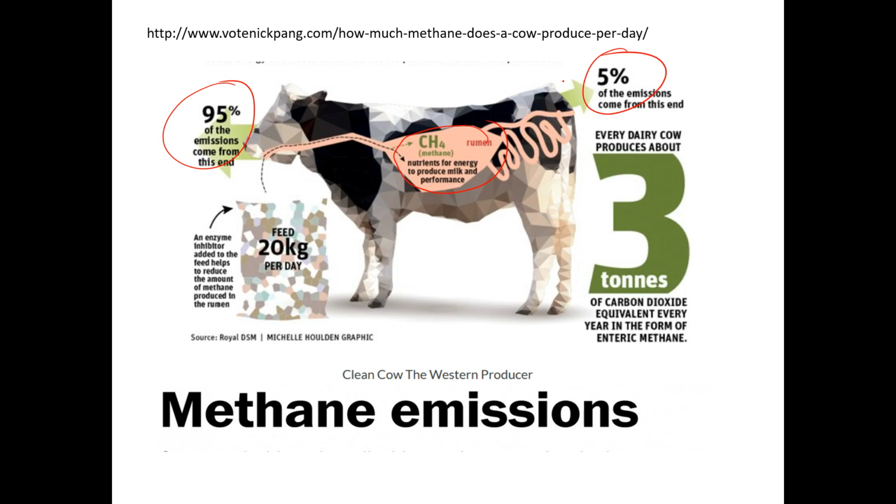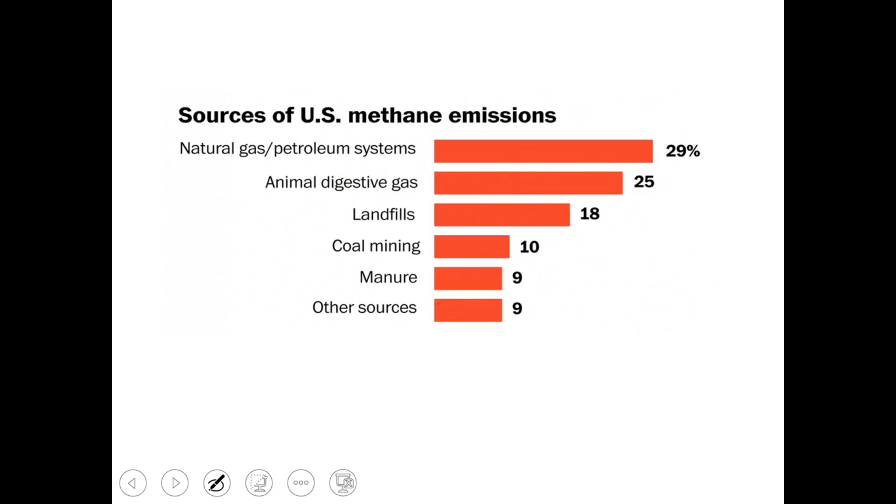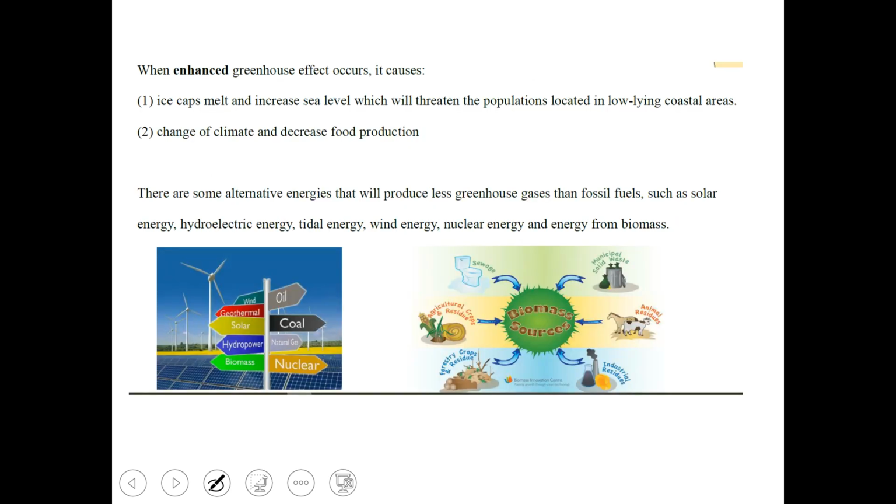Do you know that from a cow, for one day, it will release around 500 liter of methane? That's so much, right? 500 liter of methane per day from one cow. So that's why you can find that animal digestive gas actually contributes a lot to the methane emission.